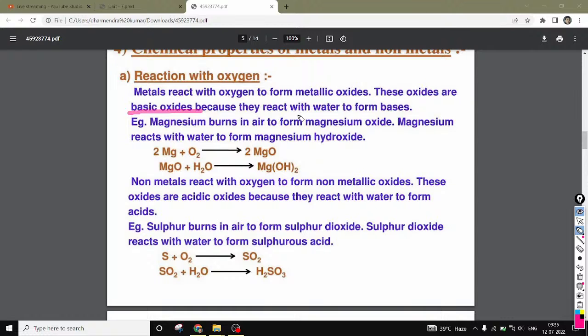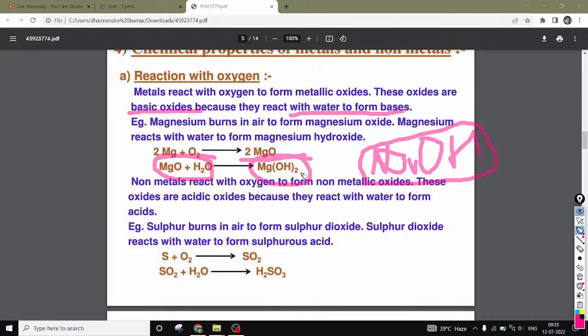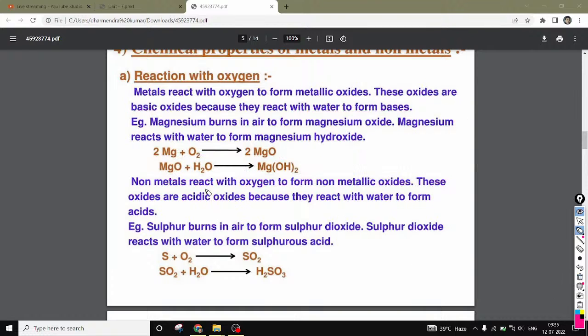Because when they react with water they form a base. For example, NaOH, which you may have heard of, is a metallic hydroxide, and sodium hydroxide is nothing but a base. Similarly, magnesium oxide reacts with water to form magnesium hydroxide, which is basic in nature. This is a base.